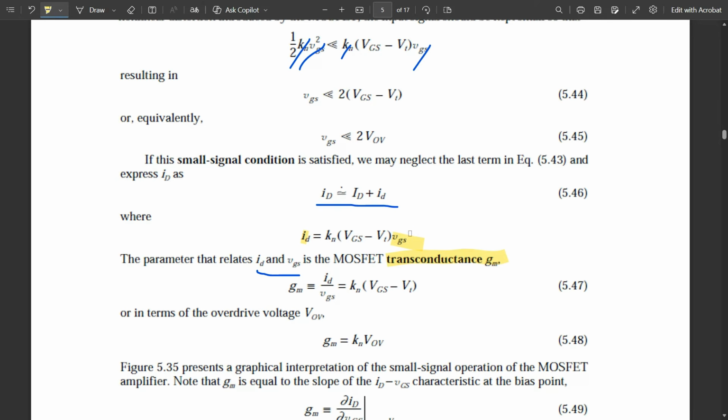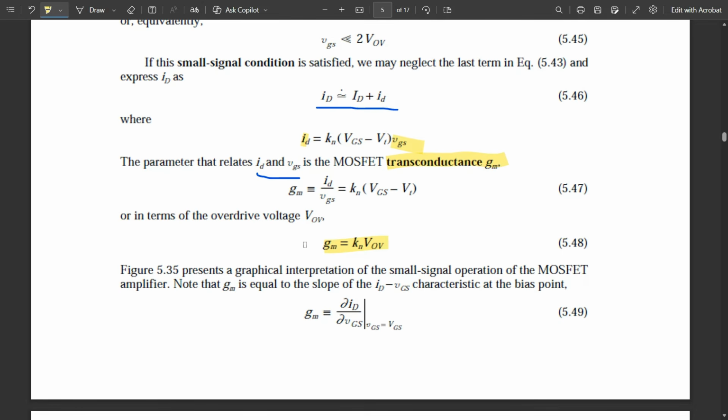Now I'm bringing this vgs to the other side, so gm, that is transconductance, would be equal to Kn into (VGS minus VT). Or in terms of overdrive voltage, gm is equal to Kn into VOV. So with respect to these parameters, we have got to know a new term that is called transconductance. That is also very important. Note it down.